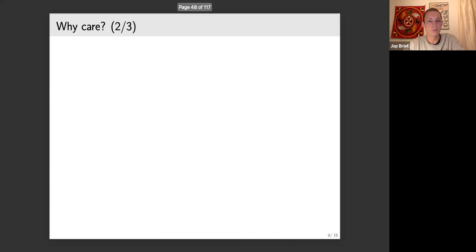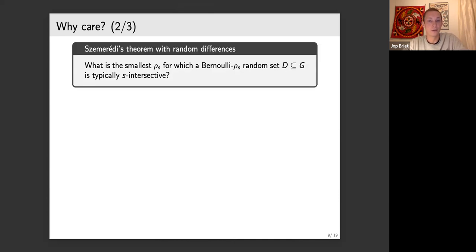To make this slightly more precise, the problem often referred to as Szemerédi's theorem with random differences asks: what's the smallest number, rho_S, for which a Bernoulli rho_S-random set of your group is typically S-intersective?